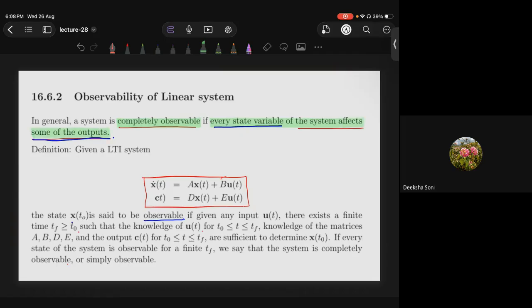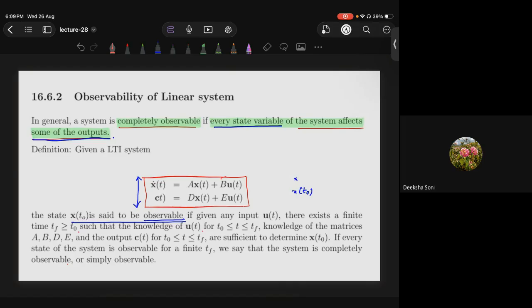Basically, what is the meaning of that? It says that you have these two equations, and we can say the initial state x of t naught is said to be observable.